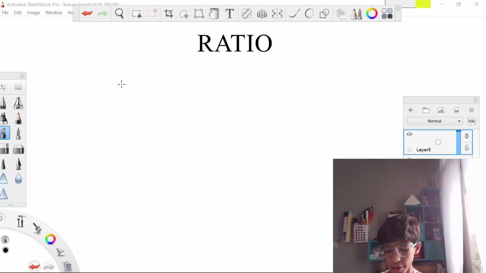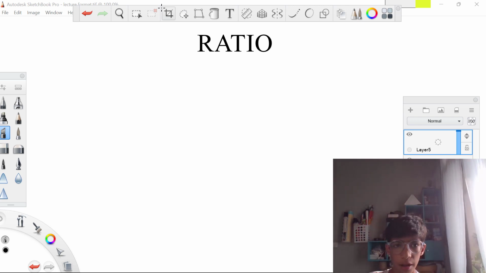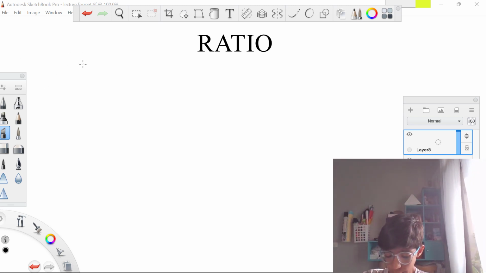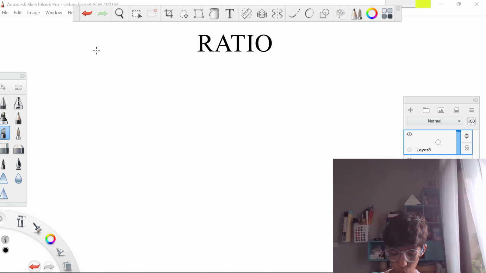So let's get started. The question is: given that A ratio B ratio C is equal to 75 ratio 120 ratio 132.